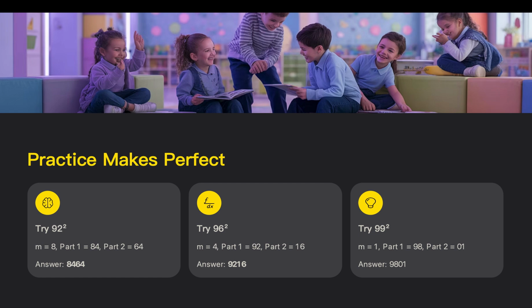And part 2 is 64 because it is m square. So 8464 is the answer. Very good. 96 square, yeah, you get in a similar way, 9216. 99 square is, it is 1 short of 100, therefore subtract 1 from 99 to get 98. And 1 square is 1, but add a leading 0, 01. So 9801 is the answer.